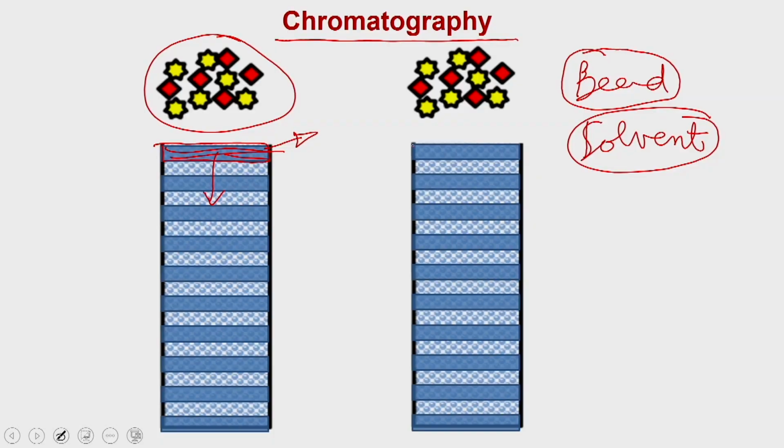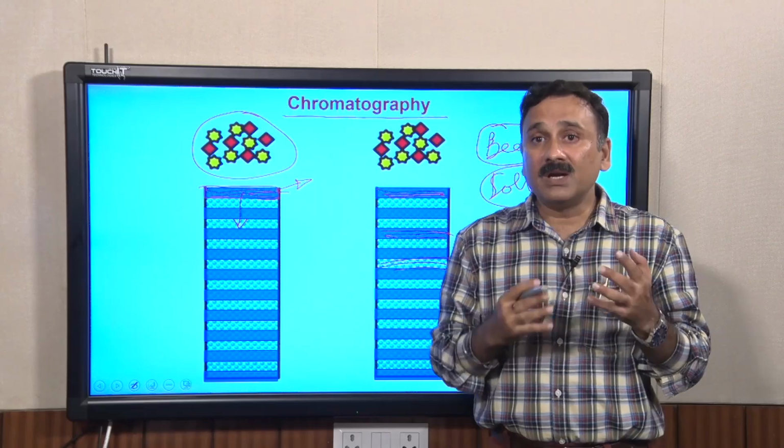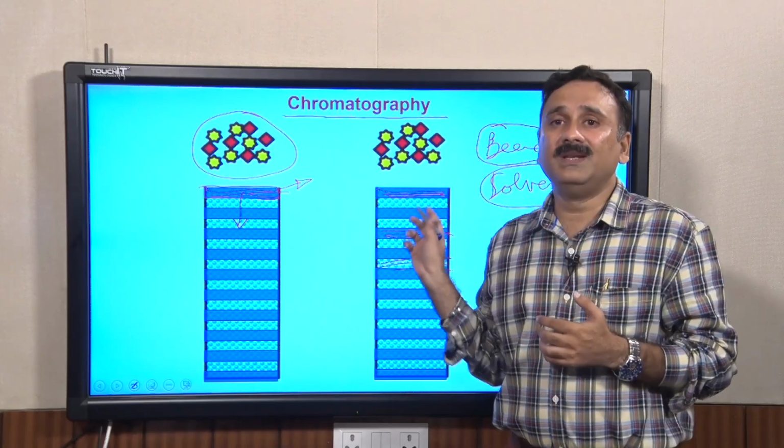At the end, some molecules are going to be immobilized here, some molecules into the second layer or third layer, and some into another layer, and that happens because they have different affinities for these beads.